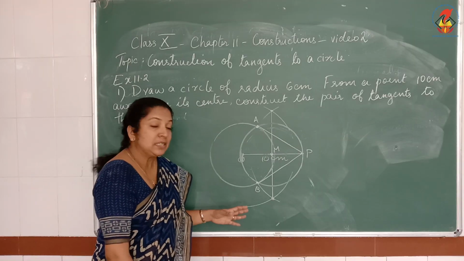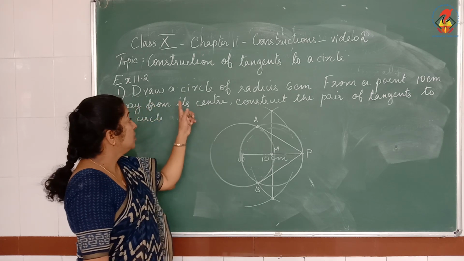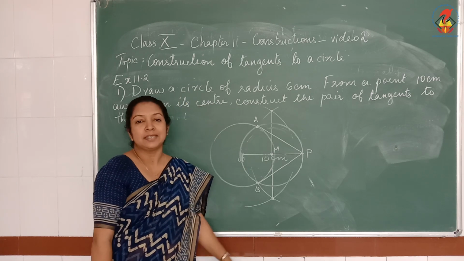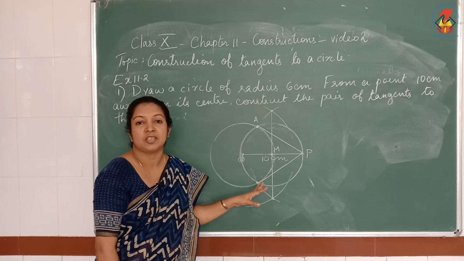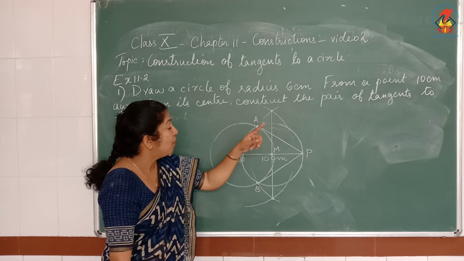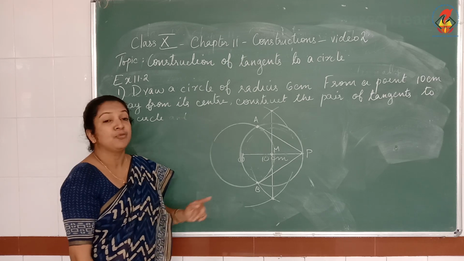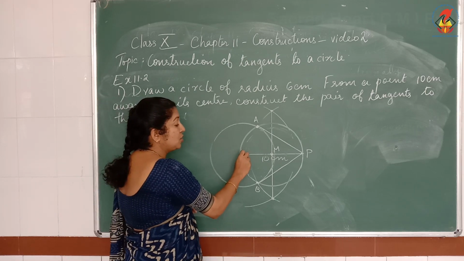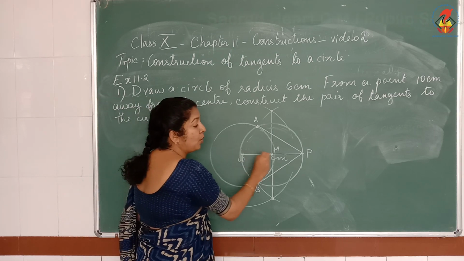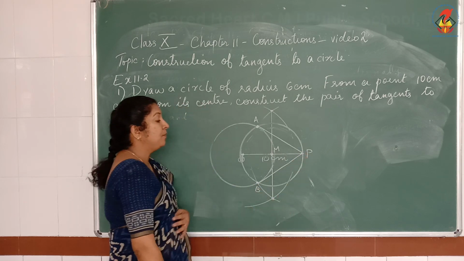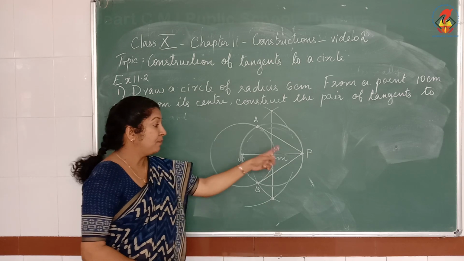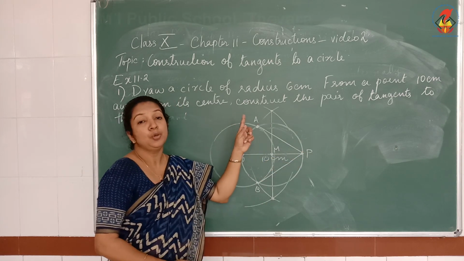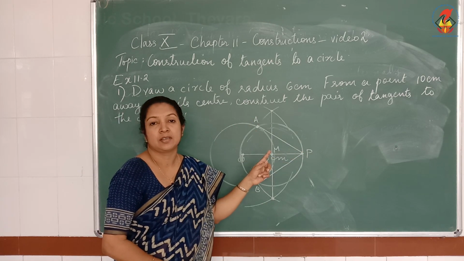I'll explain this once again. The question is, draw a circle of radius 6 centimeter. First, you have to draw a circle of radius 6 centimeter. This is the center of the first circle. From a point 10 centimeter away from O, you have to mark a point P, and from that point draw the tangents.